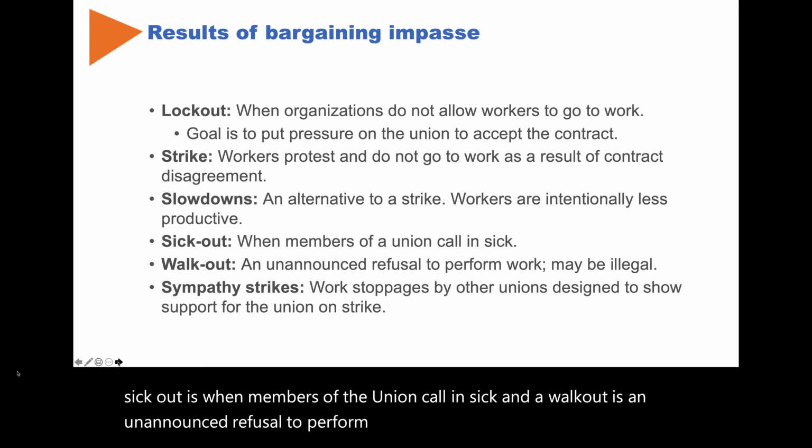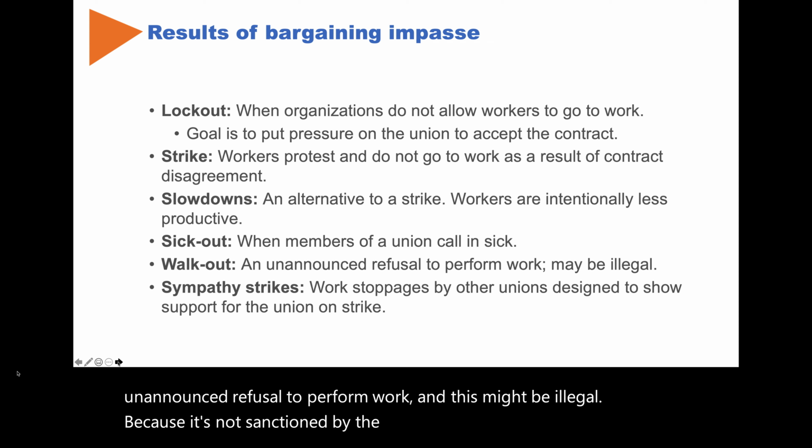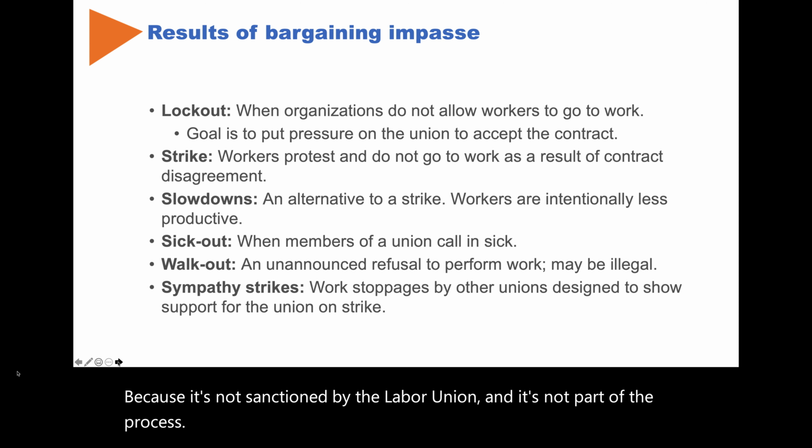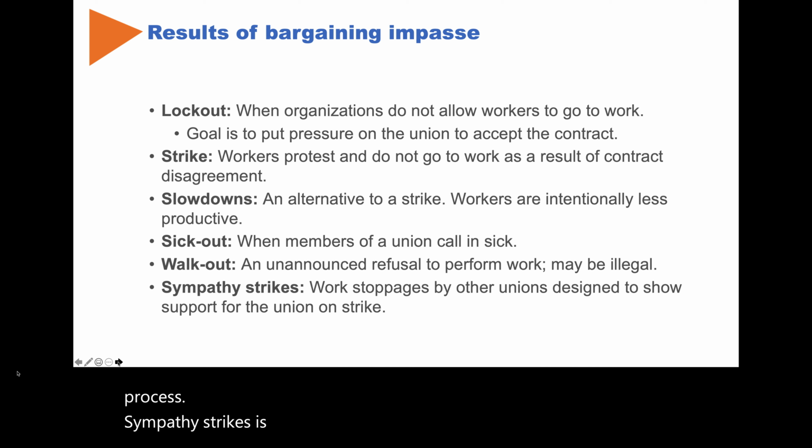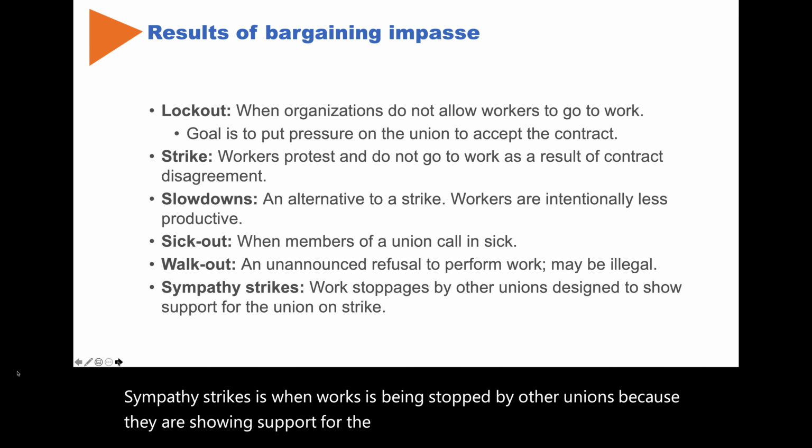And this might be illegal because it's not sanctioned by the labor union and it's not part of the process. Sympathy strikes are when work is being stopped by other unions because they are showing support for the union that has a bargaining impasse in place.